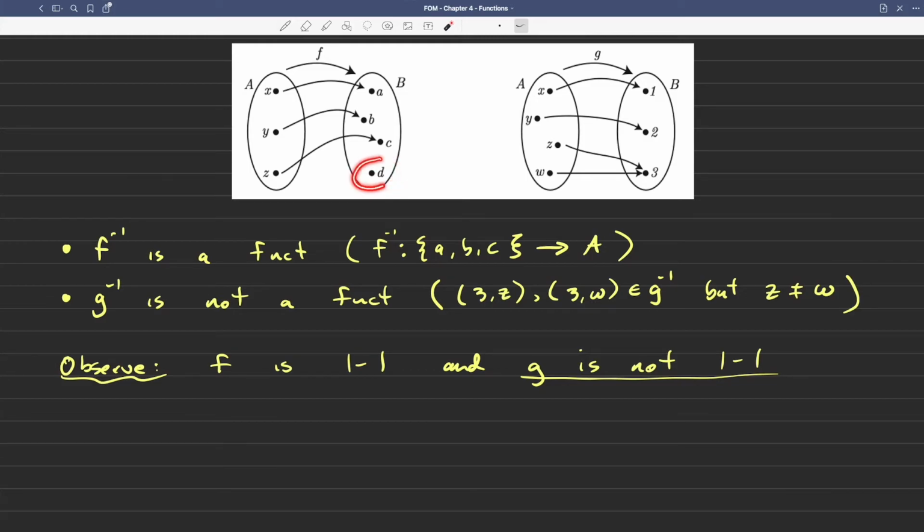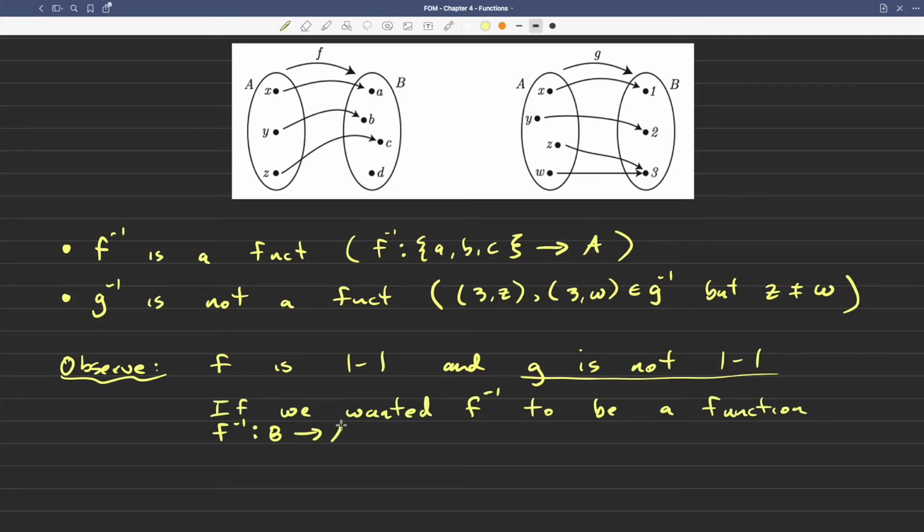And when you have leftover elements like d there in the function f, that means that f was not onto as a function from A to B, right? It missed some things. It wasn't onto all of B. So if we want to have a perfect inverse, we would need f to not only be 1 to 1, we would need it to be onto. Let me write some of that down.